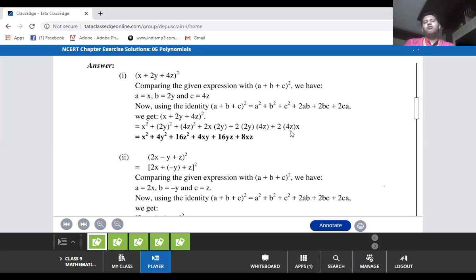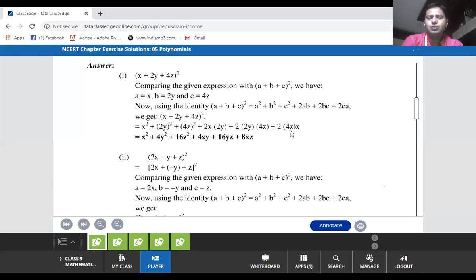This is the expanded form of x plus 2y plus 4z whole square: x square plus 4y square plus 16z square plus 4xy plus 16yz plus 8zx or xz.